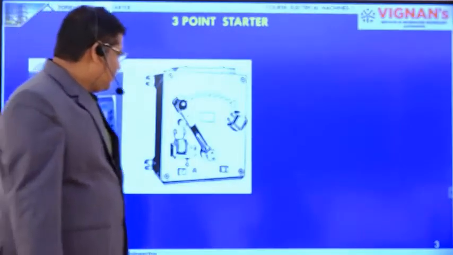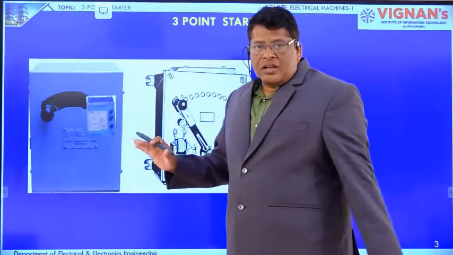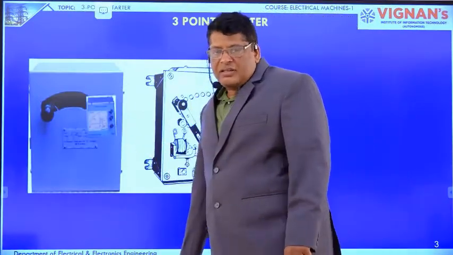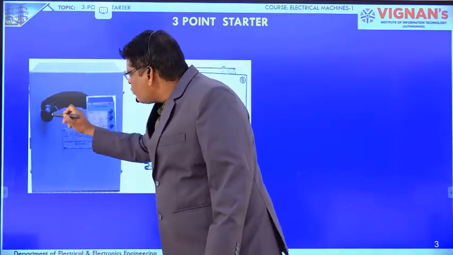In a 3-point starter, see here. Practically, the starter looks like this. It is simply one box, and you can see only the handle.